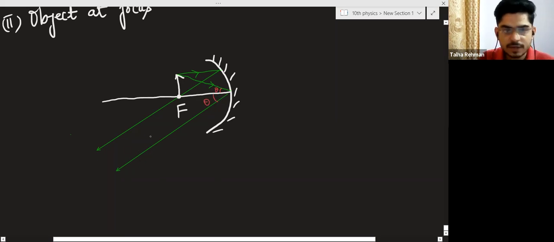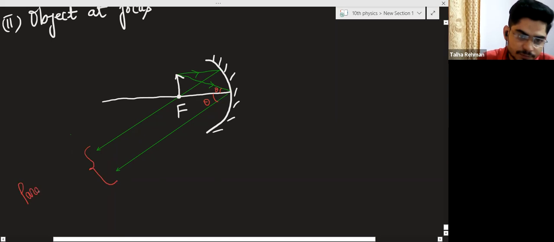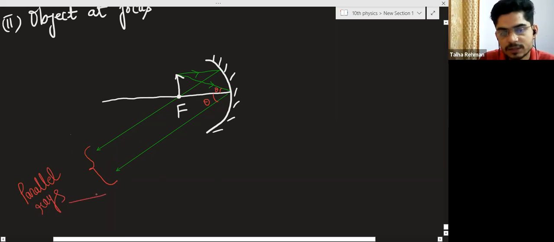So Azaan, these two rays are parallel rays. And parallel rays will meet at infinity.